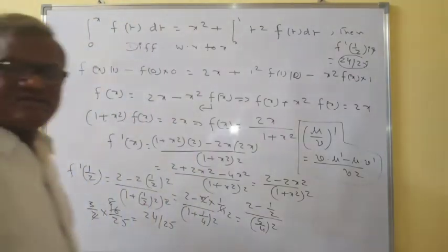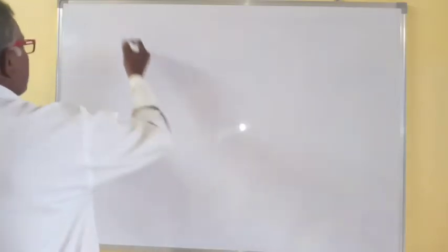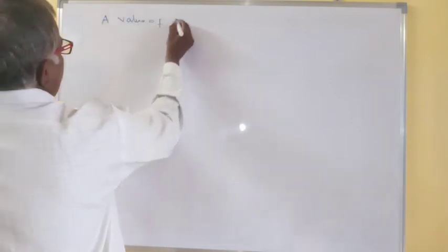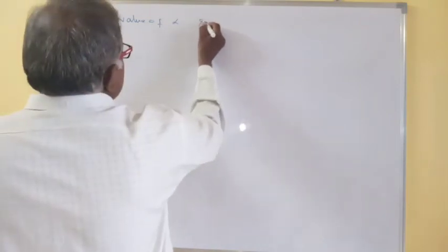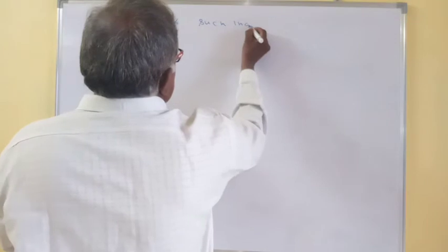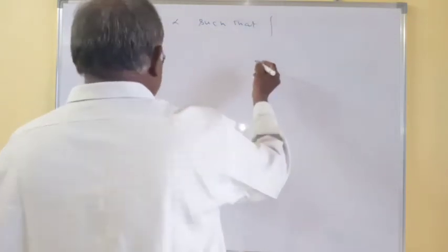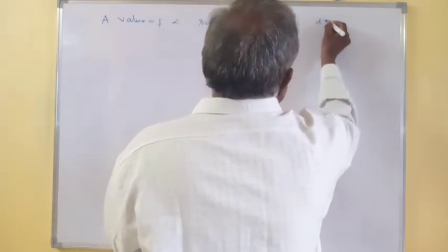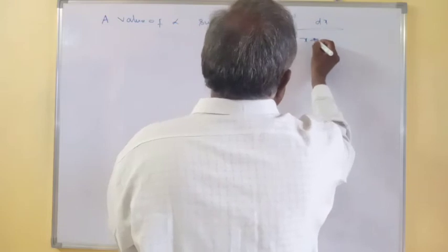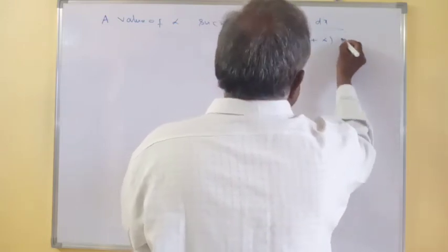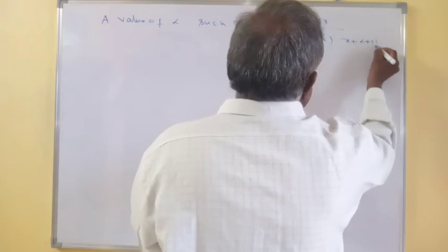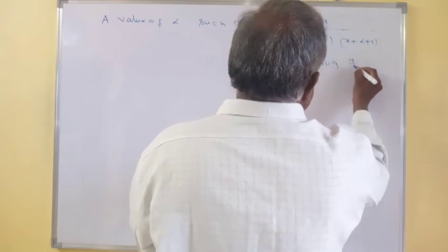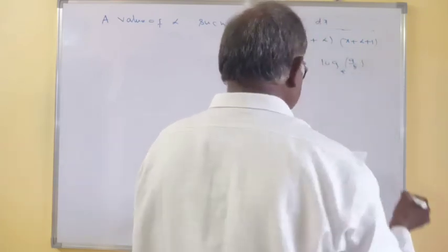Okay, next one. Find the value of alpha such that the integral from alpha to alpha plus 1 of dx by (x plus alpha) into (x plus alpha plus 1) is equal to log of 9 by 8 to the base e.